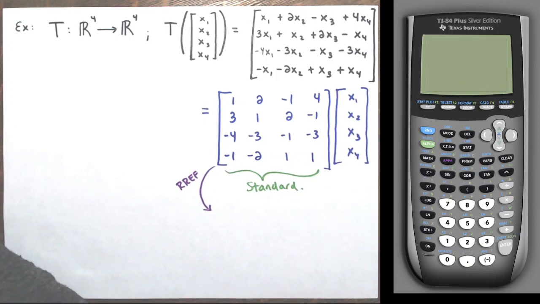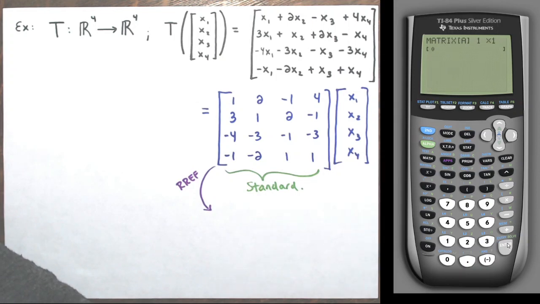So I'm going to go to the calculator. I have my 84 Plus handy here. All right, there we go. And then I go to the matrix menu, and then over to edit, and matrix A. Then I'll enter the size first.